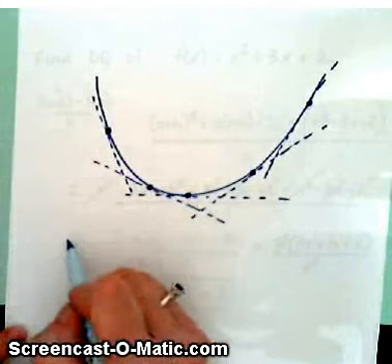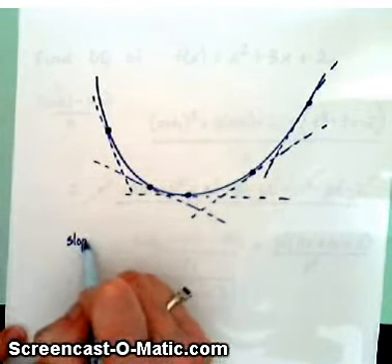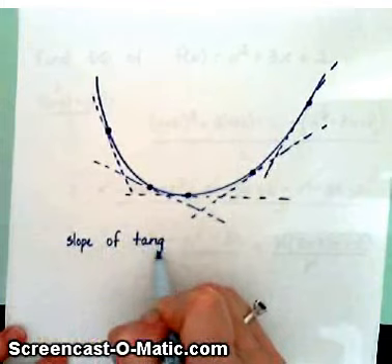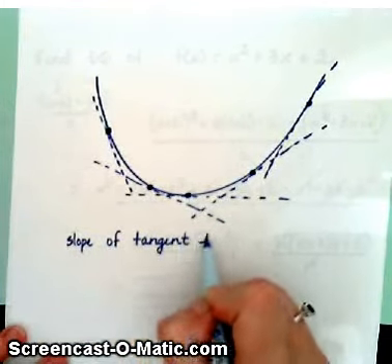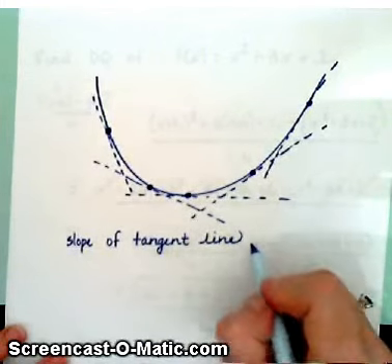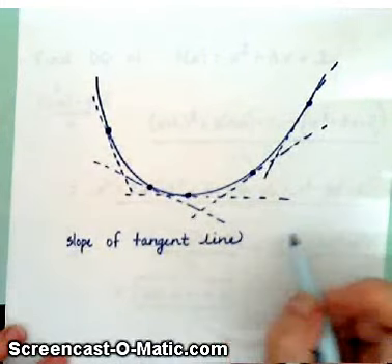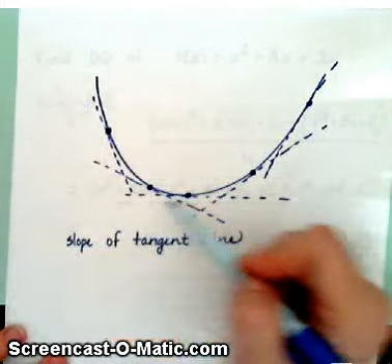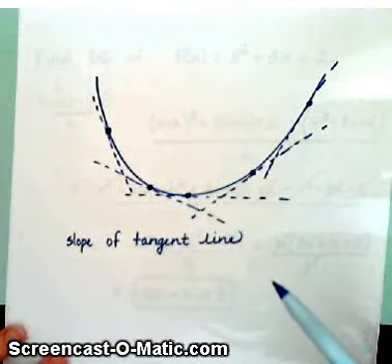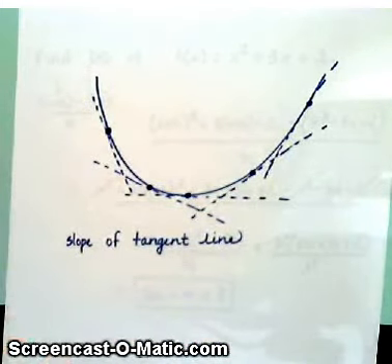And the slope of the tangent line is a very important idea in calculus, because it talks about the rate of change, how fast something is changing based on the slope at this particular point.